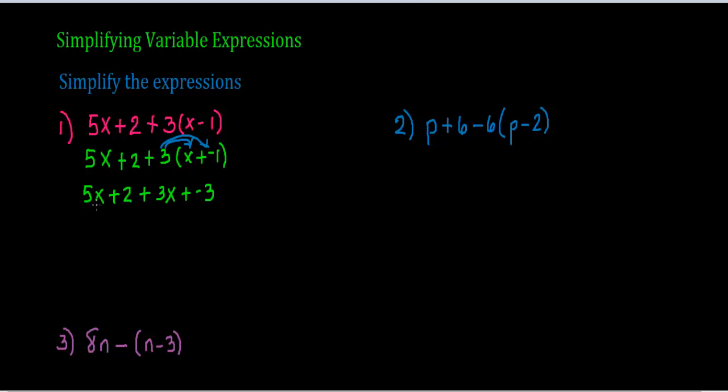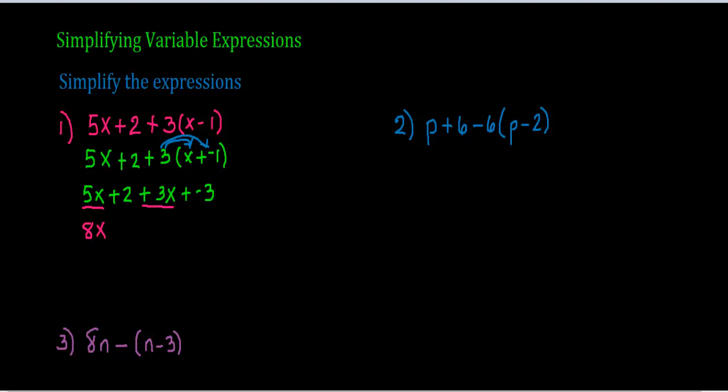So let's see. I have 5x, I have plus 3x, and those two are like terms. So 5x plus 3x's, how many x's in total? 8 x's. Remember when we add like terms, we're really adding the coefficients, the 5 and the 3. That makes 8. And then we keep the variable. So 8 x's, okay?